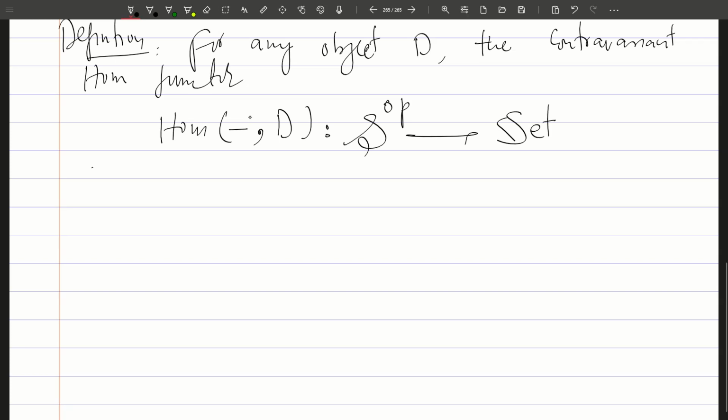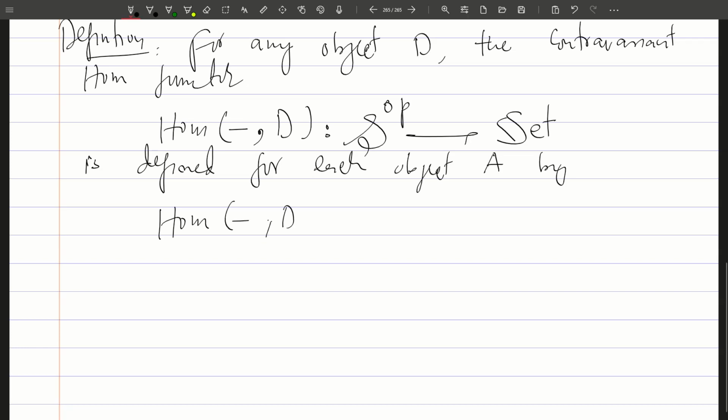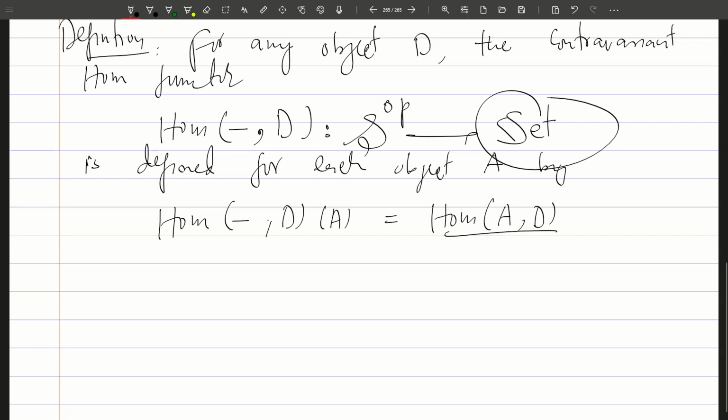So this is defined for each object A by, so we define Hom(-, D) of A. So this is the set of all morphisms from A to D. The morphisms landing in D from A. So this is a set, hence an object in the category Set.